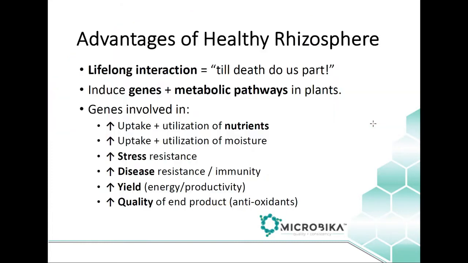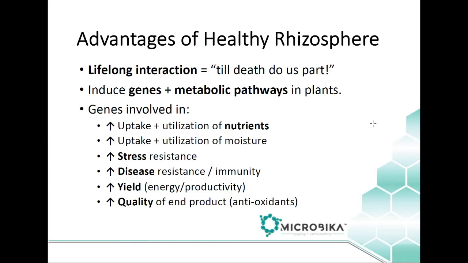So the advantages of a healthy rhizosphere, obviously it's a lifelong interaction. So as long as the plant is photosynthesizing, there's some carbohydrates secreted to the rhizosphere microbiome and they fulfill their function. So these microbes induce genes and metabolic pathways in the plant.